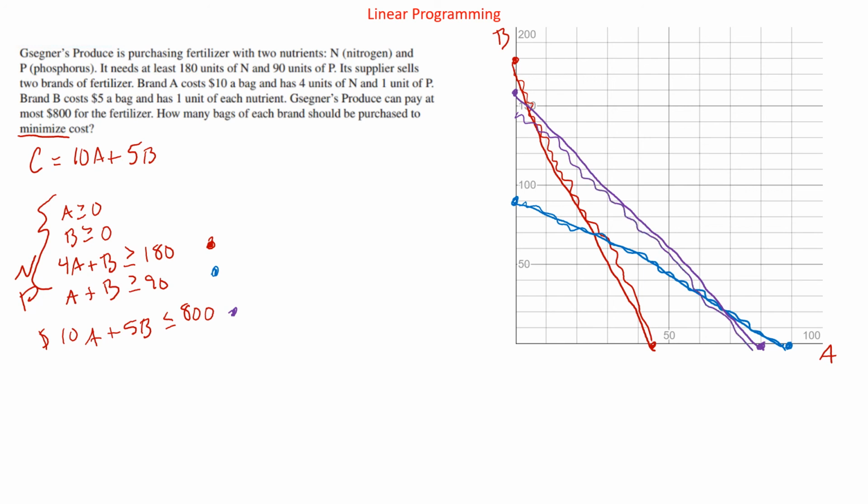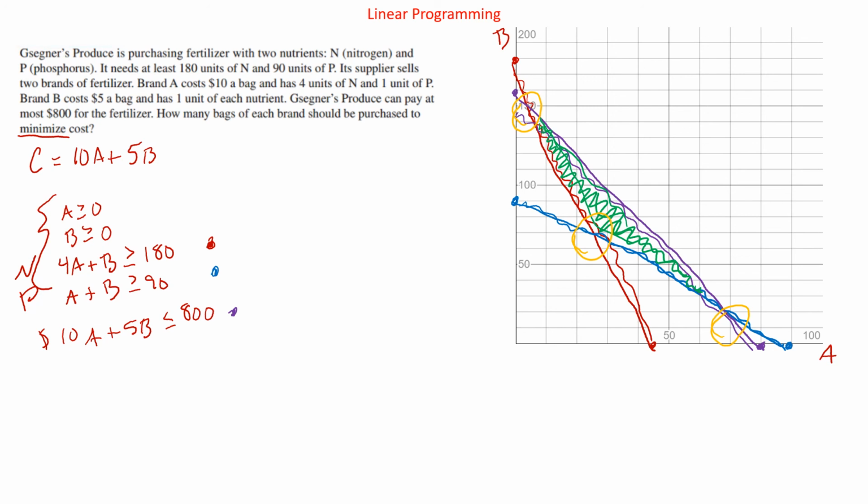So here our region ends up being this triangle right here, which means our points that we need to plug in are going to be that one, and that one. So we do need to find these points.